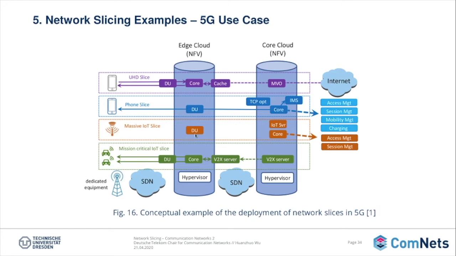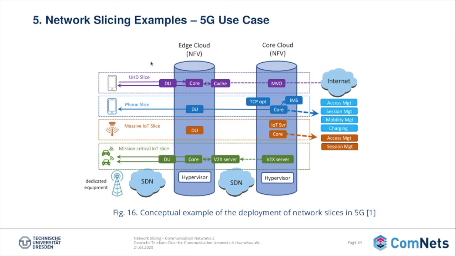Figure 16 proposes an example of four network slices dedicated to ultra-high definition streaming, mobile phone data services, massive Internet of Things, and mission-critical IoT.